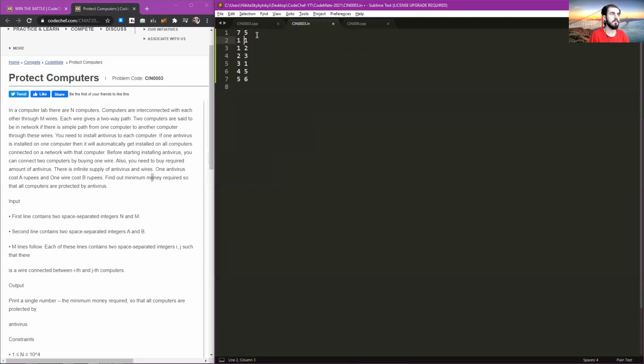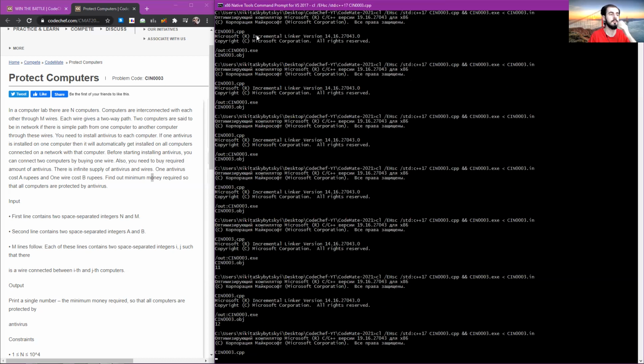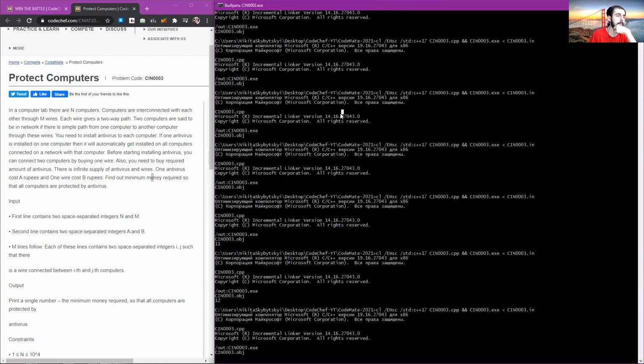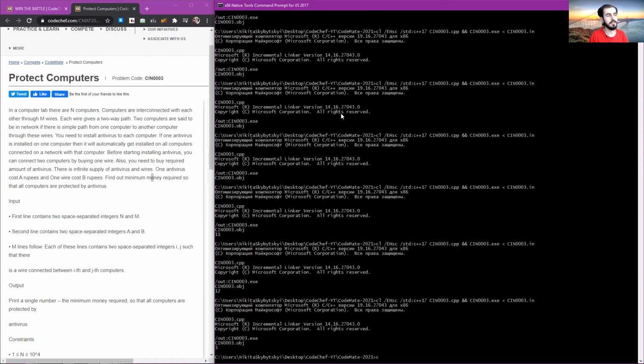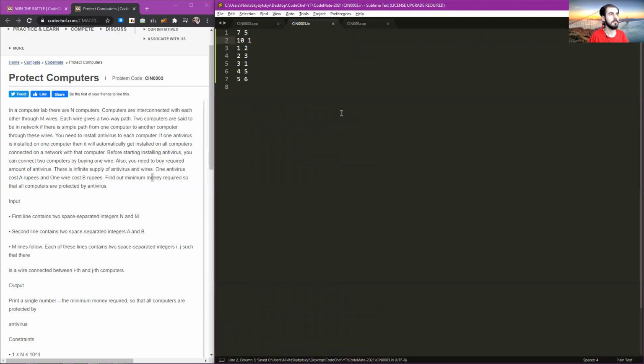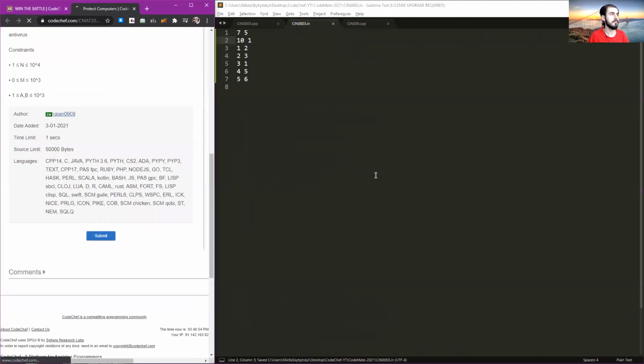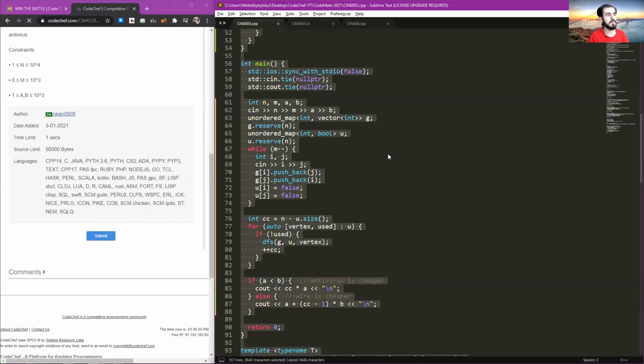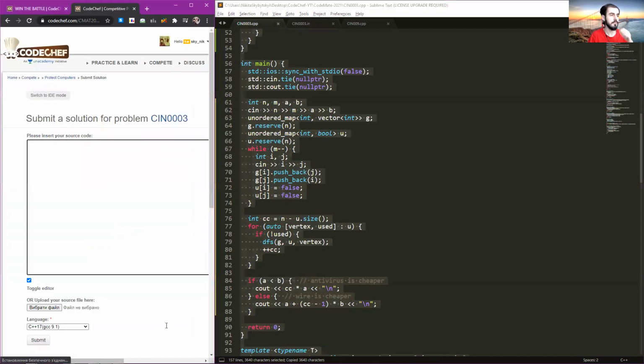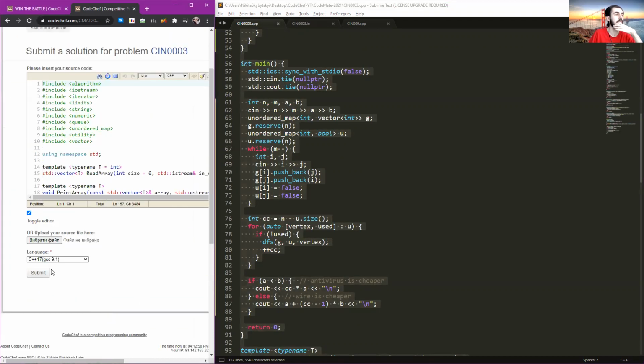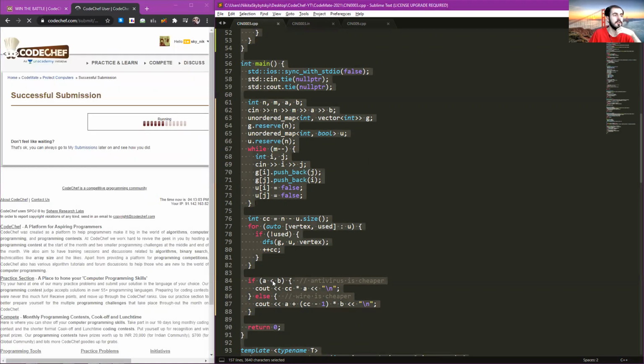Now, if we change prices, then the answer should be 3, because we have 3 connected components. Okay. And it does not matter where we put the equality case.